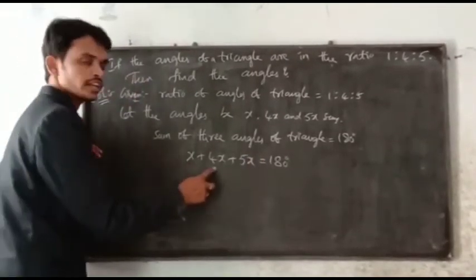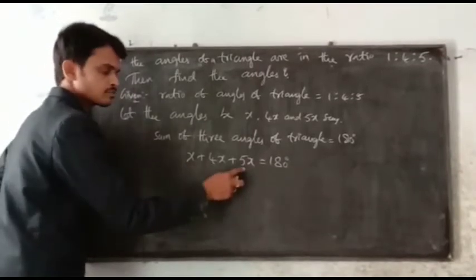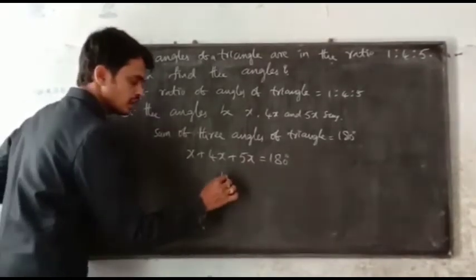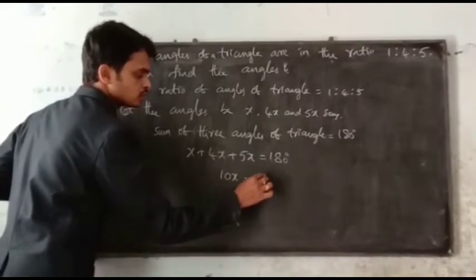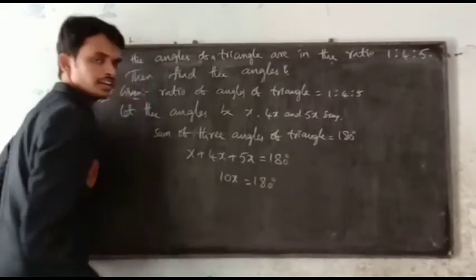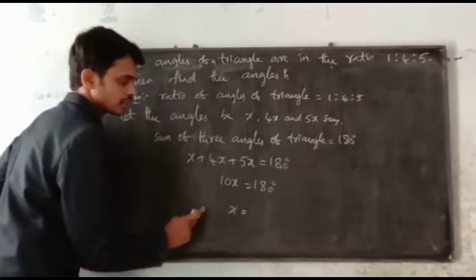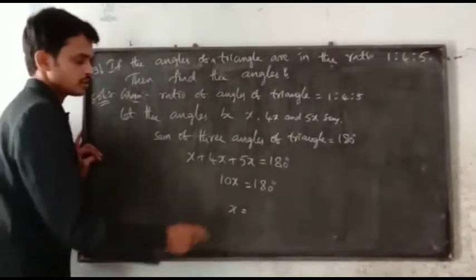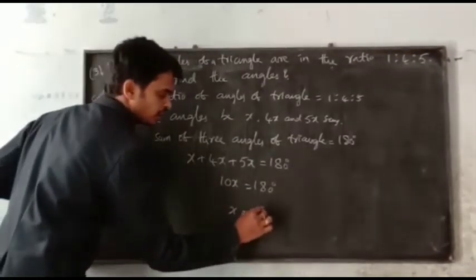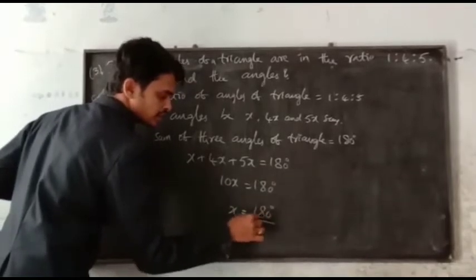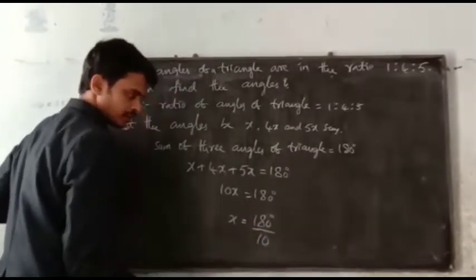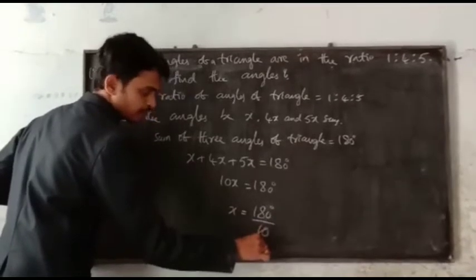Now x plus 4x plus 5x, total it is 10x is equal to 180 degrees. Now x is equal to 180 degrees divided by 10, as 10 transposes to that side.